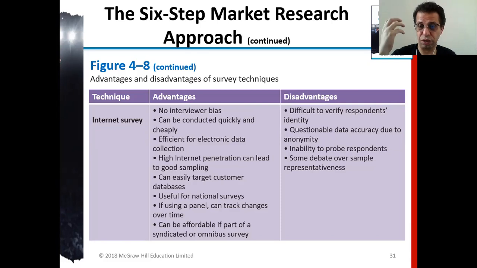So what if there are no other deeper questions? Might be, but not deep enough. And there's some debate over the sample representativeness: the people who are answering you are usually people who know the internet better and like to use the internet more than others. So for some things, you're biased there.